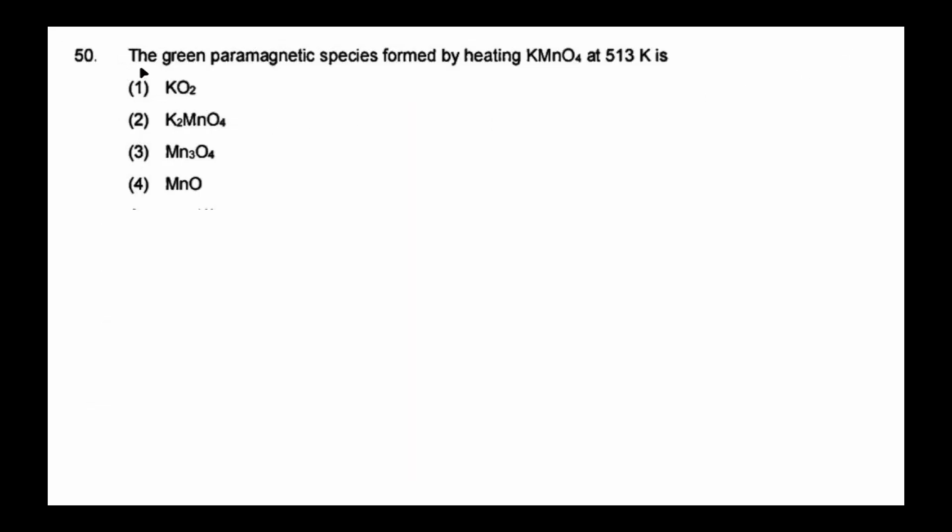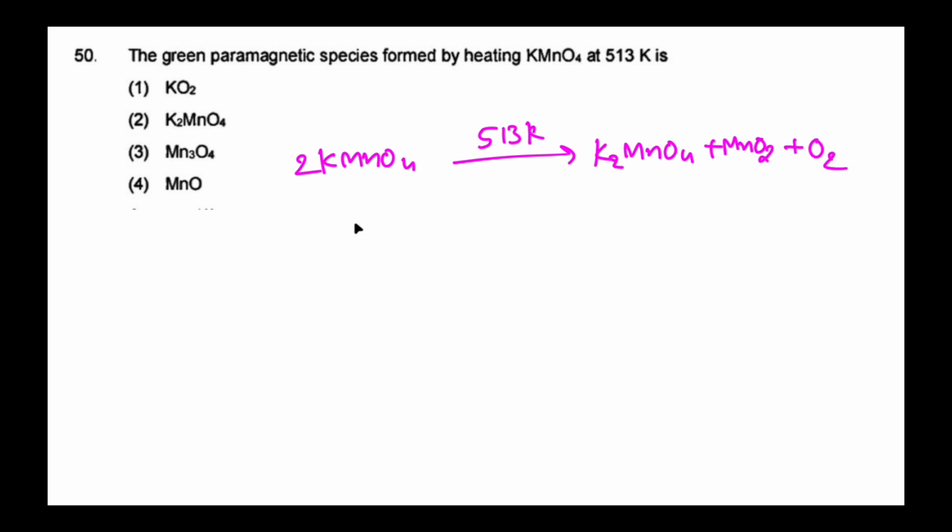Okay. The next question is the green paramagnetic species formed by heating KMnO4 at 513 Kelvin. So here, KMnO4, potassium permanganate, when heated at 513 Kelvin, 2 moles of KMnO4 will be converted to potassium manganate, K2MnO4, releasing manganese dioxide plus O2.